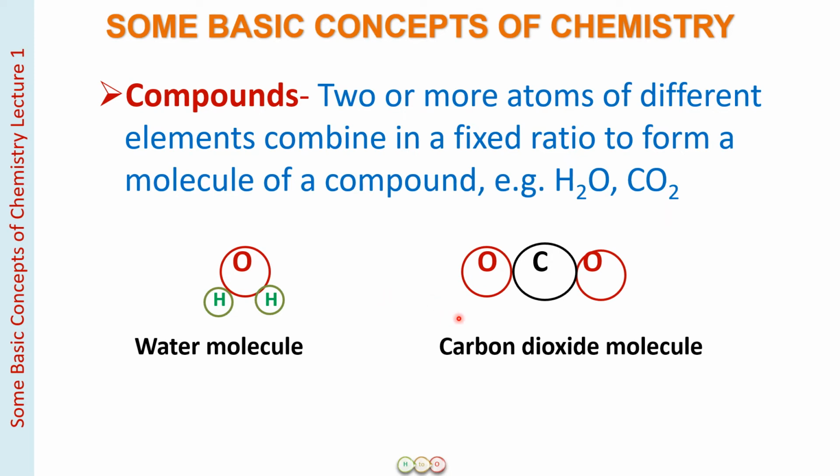For example, if we have carbon combining with one oxygen, this forms a compound called carbon monoxide. So this would be entirely different from carbon dioxide. So the ratio has to be fixed and there are going to be two or more atoms of different elements combining in a compound.